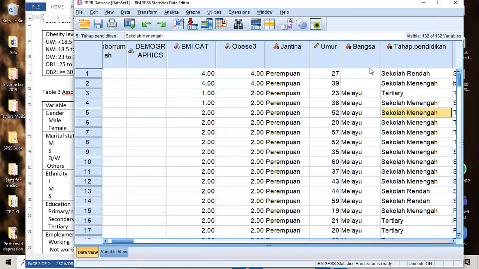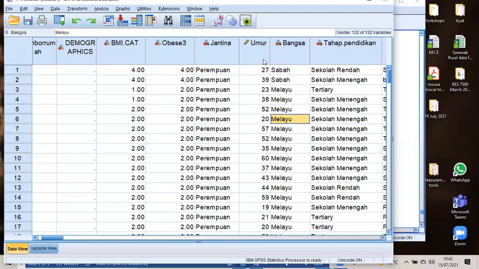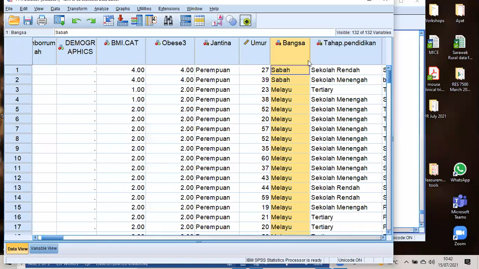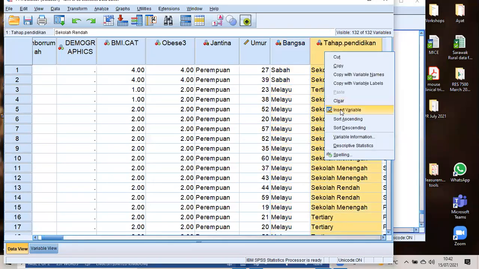You convert this into numerical. It's data entry. When you capture through Google Form, whatever, it will be a string variable. But some analyses require this to be numerical, like this. So in such situations, sometimes we convert these string variables to numerical variables.